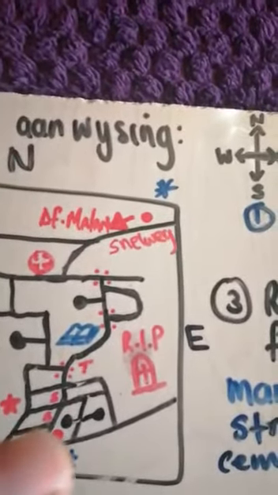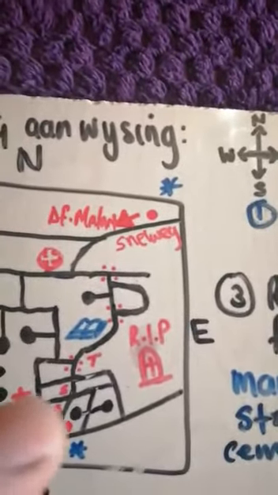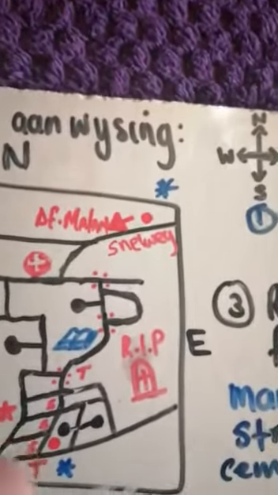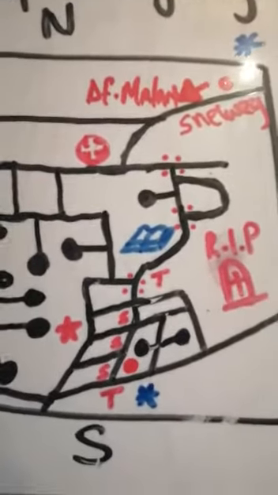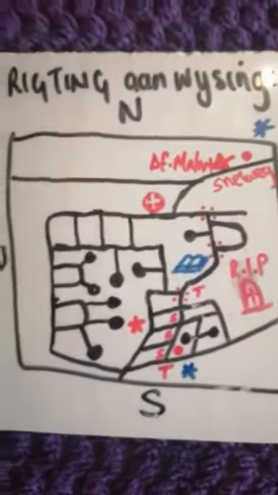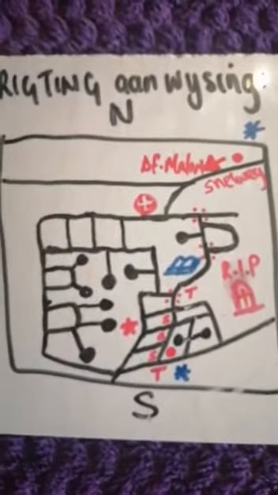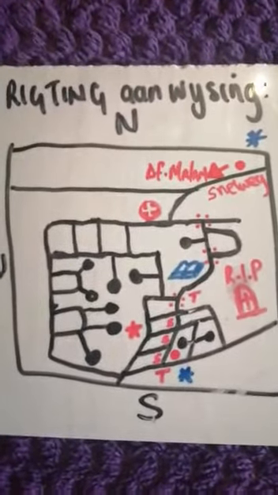Always, right opposite is reg oorkant, next to is langs aan, and then you get the person to the destination. All right, so always be mindful of those things when you're giving directions, and then you can use this map to try and write it, and then just comment in the comment box below.